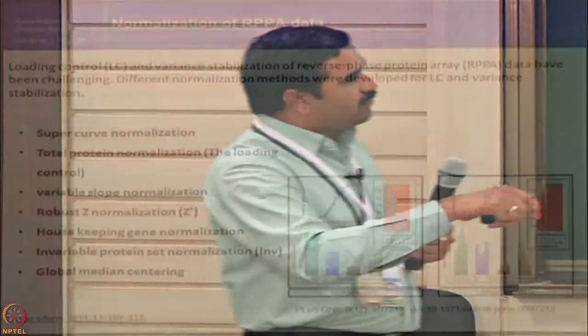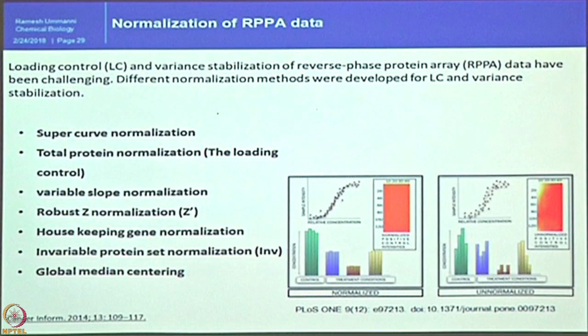Some of you might have done 2D gels in the proteomics approach in the earlier days, where we used to set landmark spots. In that way, proteins expected not to change across the sample set will be set as landmark spots. Based on those concentrations we can normalize. How does normalized data look different from unnormalized data?